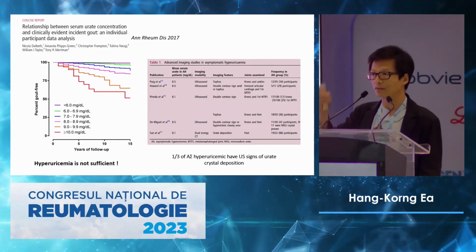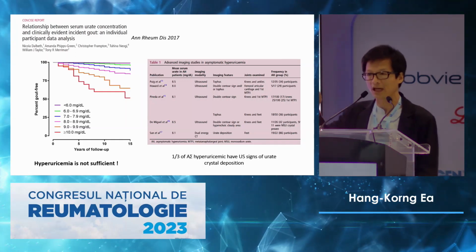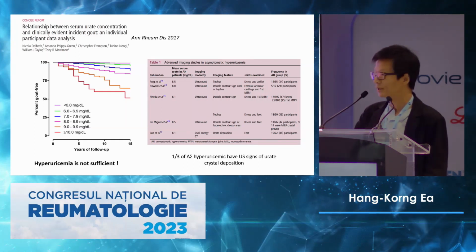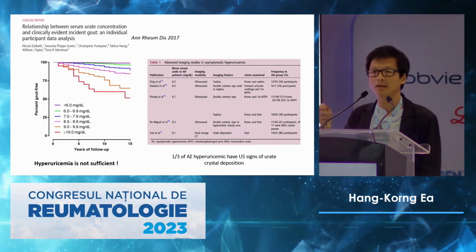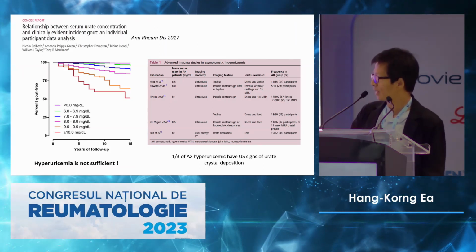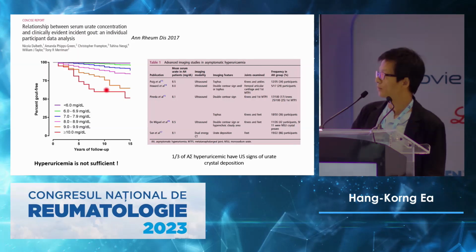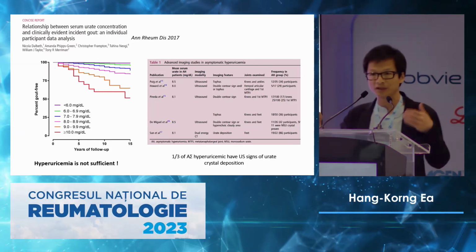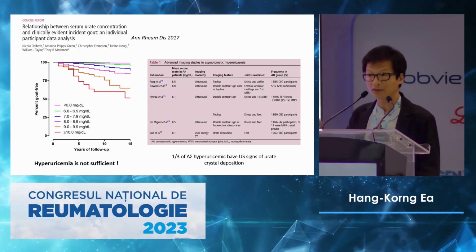We know that the principal condition to form crystals is hyperuricemia, but hyperuricemia alone is not sufficient for crystal deposition, because even after 10 or 15 years of follow-up, only 50 percent of patients with high uric acid will develop flares or gout.